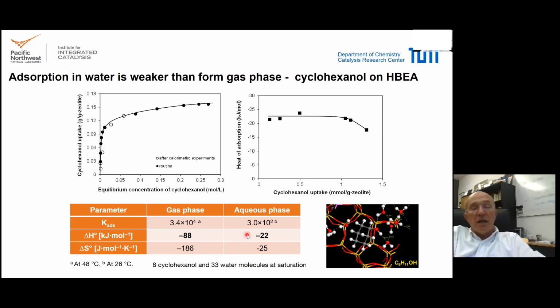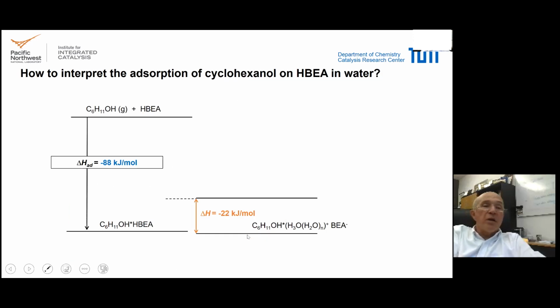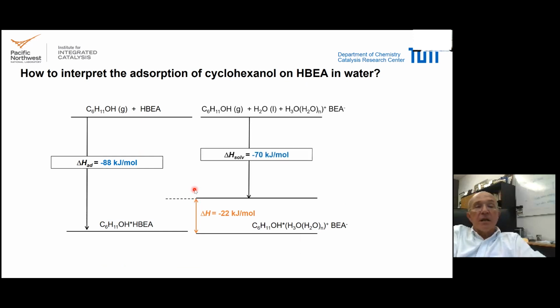So how shall we understand this? We know this is the amount of heat that we are setting free when we adsorb from the gas phase. We know this is the heat that we are setting free when we adsorb from the liquid phase. If we consider the heat of solution of, in this case, cyclohexanol in water, then we see that the two add up.